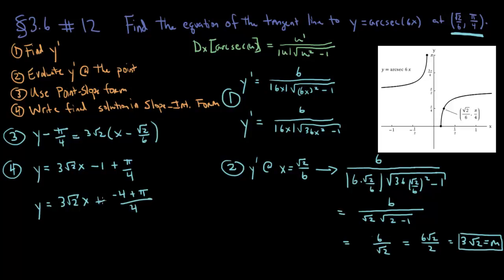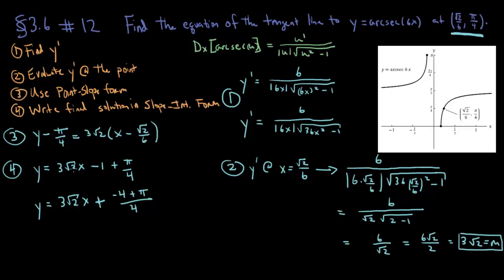So technically what we have here is a slope, and there is our y-intercept, negative 4 plus pi over 4. Okay, so that will give us our tangent line to this curve right here at that point.